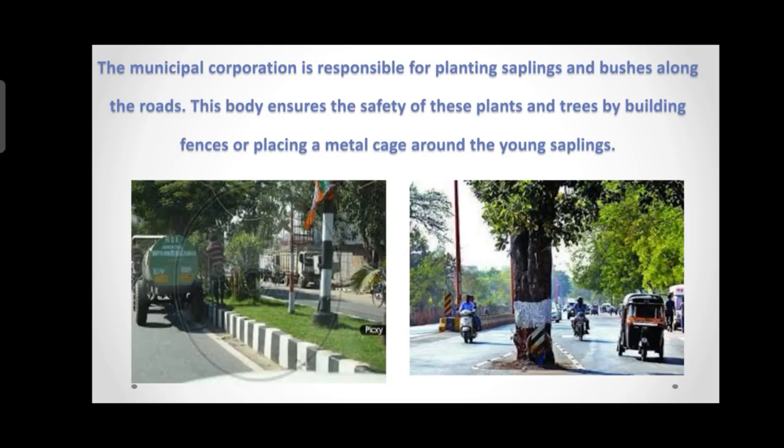Municipal corporation is responsible for planting saplings and bushes along the roads. On the road, you all have seen the number of trees in the metal fences or in a metal cage. Municipal corporation of that city or town looks after the trees and plants along the roadsides.